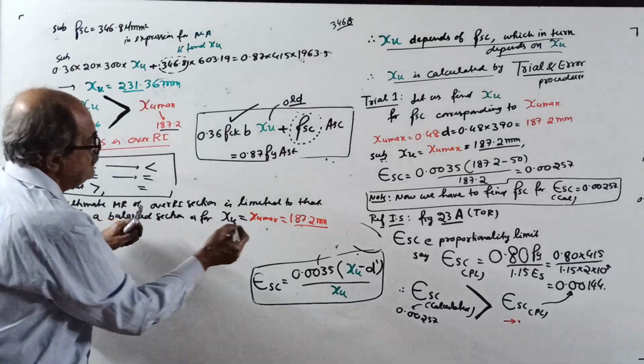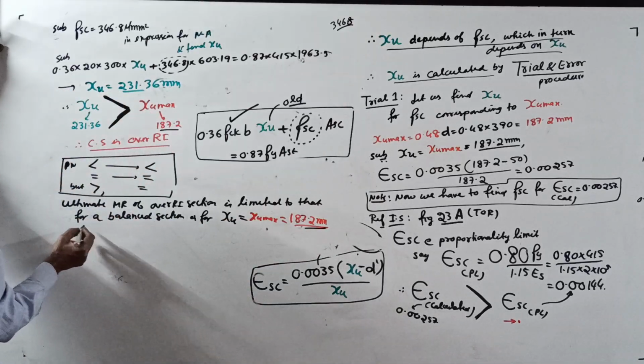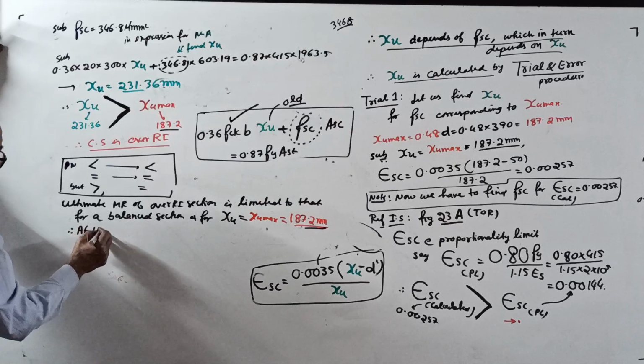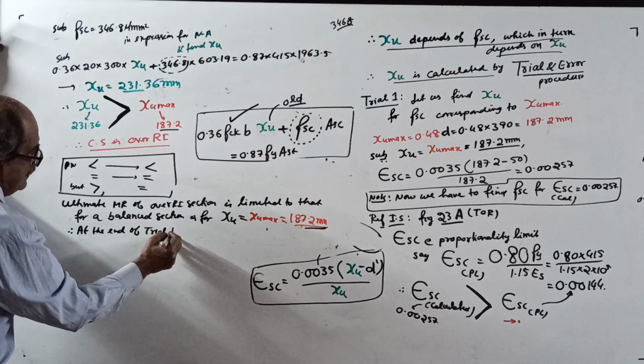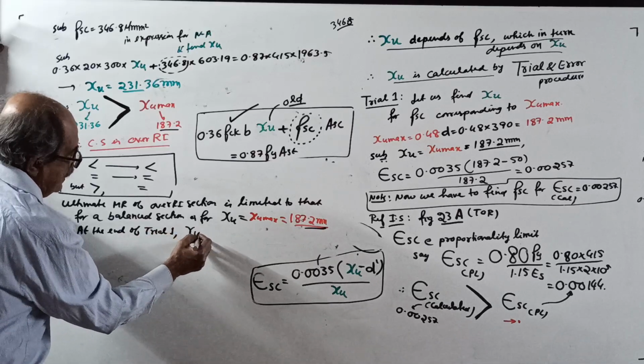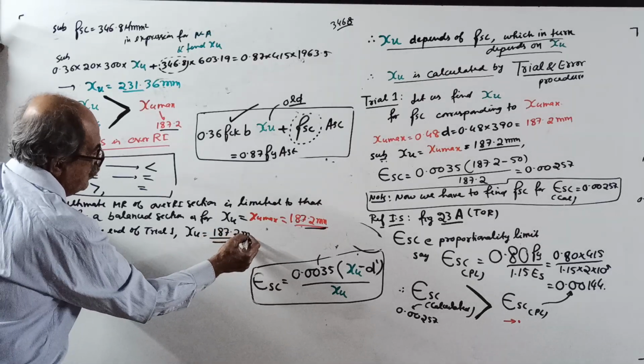Now our XU is 187.2. Note, this is trial 1. Therefore, at the end of trial 1, XU confirmed is 187.2 because it came more.